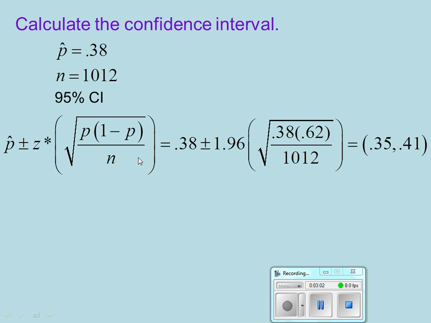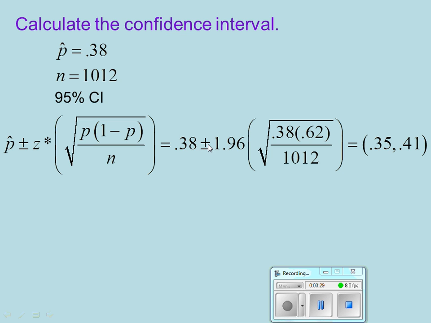We're using our confidence interval formula that was stated in our second video. So now we have 0.38 plus or minus, and since our confidence level is 95%, we're using the critical value for the 95%, which is 1.96, multiplied by the square root of pq divided by n.